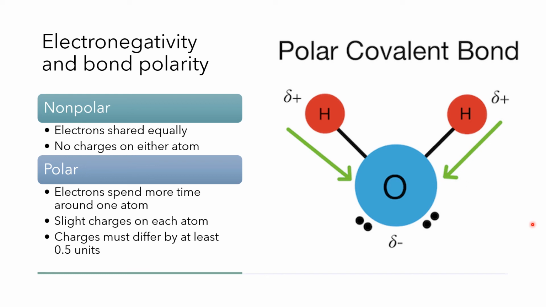A polar bond, on the other hand, is one where electrons spend more time around one of the atoms. They like one of the atoms more than the other that's in the covalent bond.